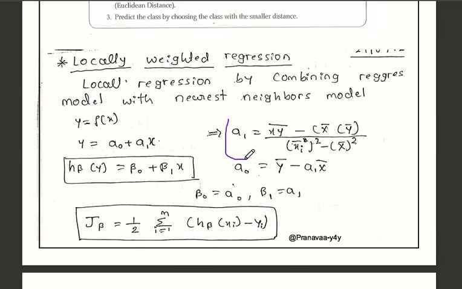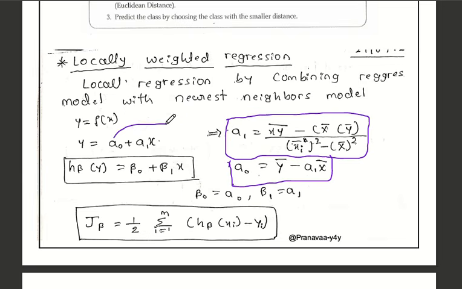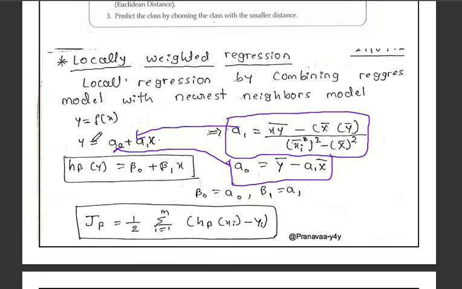You need to find a naught and a1. Then simply insert them: y equals a naught plus a1 x, and you will get the equation for locally weighted regression.